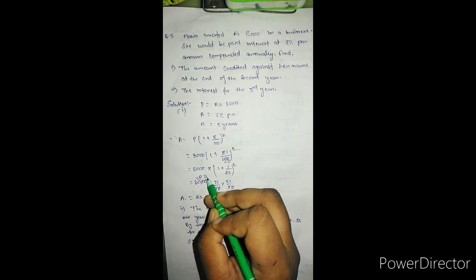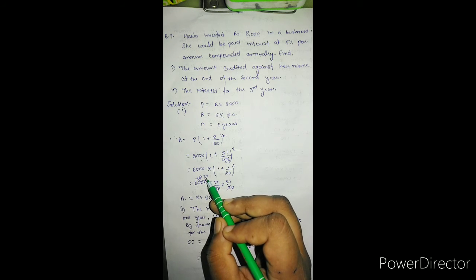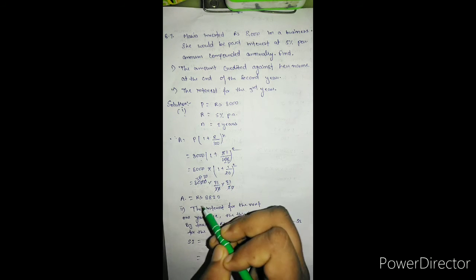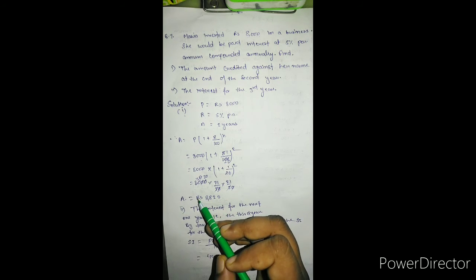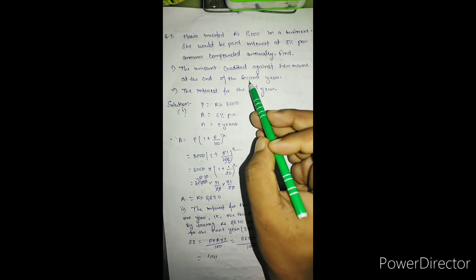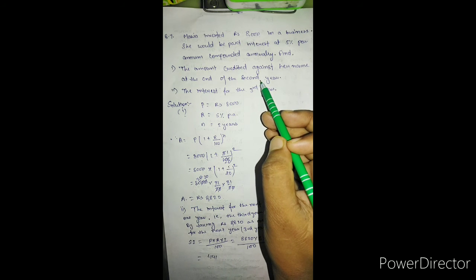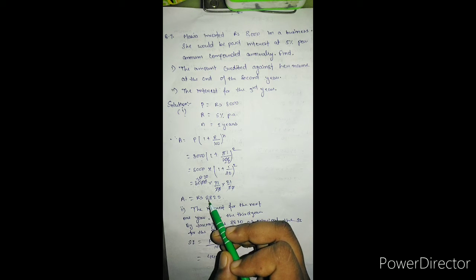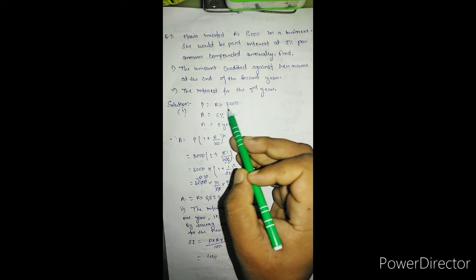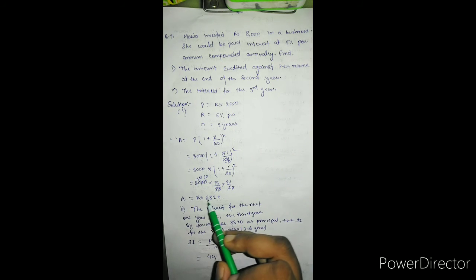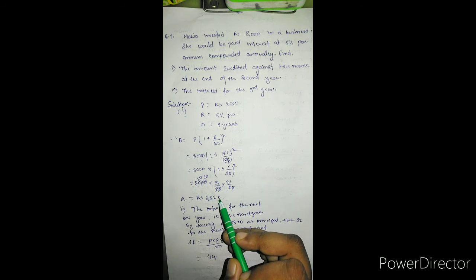When you cancel the 40, you will get 20, and when you multiply 20 into 21 into 21, you will get 8,820. So our amount for the second year, or we can say for the 2 years, is 8,820 rupees. Principal amount was 8,000. Amount is here 8,820. Means this 820 is our compound interest, but compound interest is not asked in this question, only amount is asked.